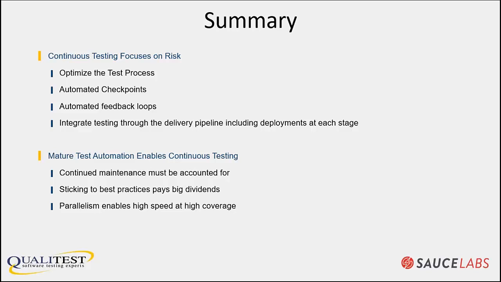So overall, those are our best practices, and that's what's really important about parallelism, because parallelism is what is going to enable the big high speeds. If we run one test at a time, we aren't going to get the test coverage that we need in the amount of time that we have. So parallelism enables the high-speed testing and gives us the high coverage we need.